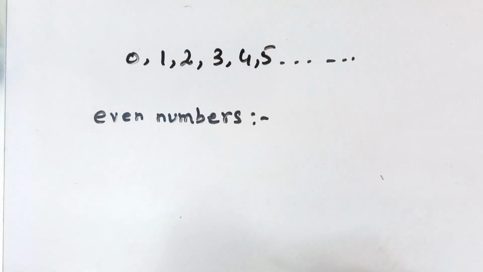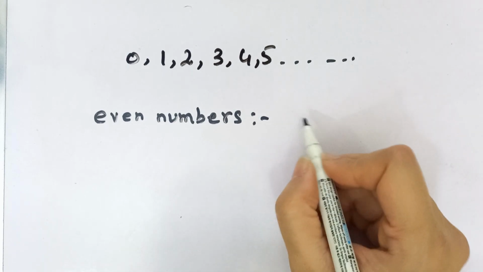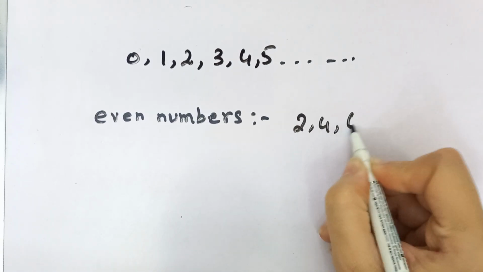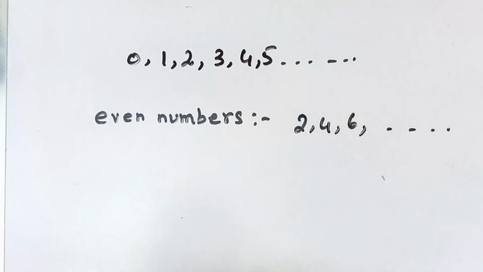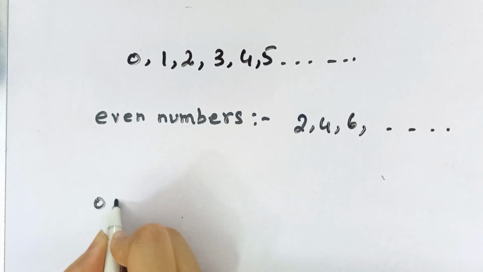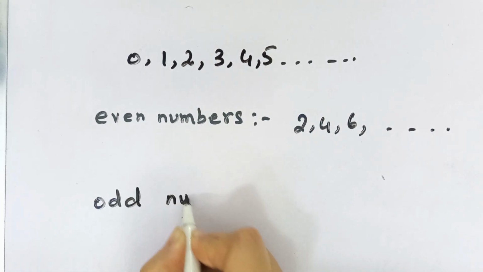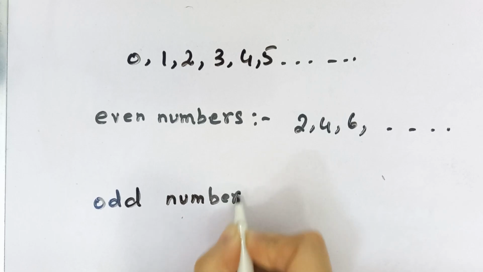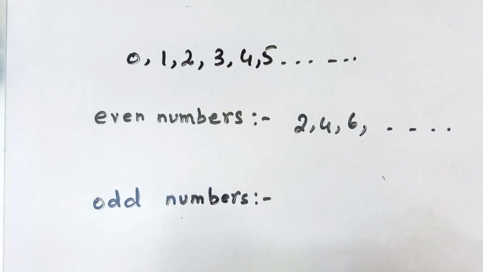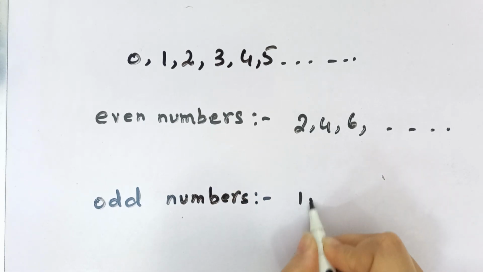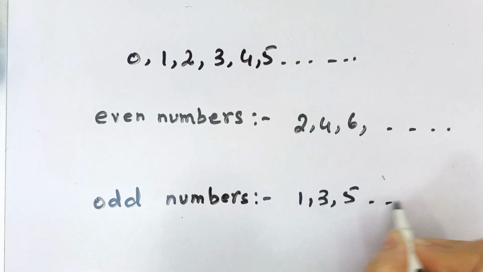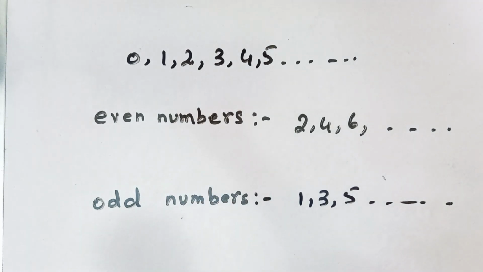Even numbers are whole numbers that are divisible by 2, for example, 2, 4, 6, and so on. And the other group is odd numbers. Odd numbers are whole numbers that are not divisible by 2, for example, 1, 3, 5, and so on.